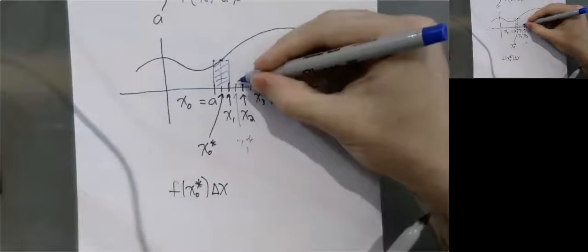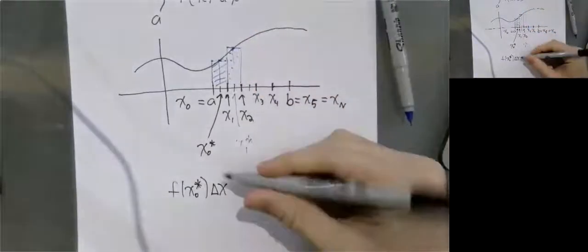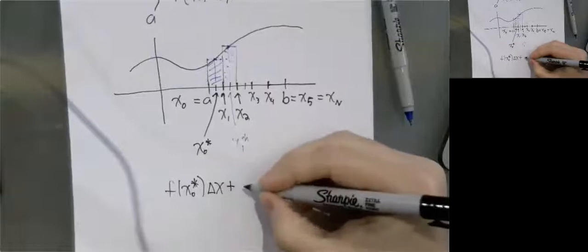Now let's compute the contribution of the second subinterval. So now I'm going to draw this rectangle here that looks like this, and I'll compute the area of this rectangle. And the area of this rectangle is, again, base times height.